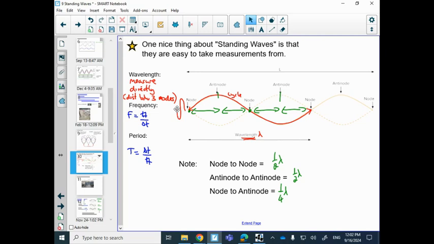The other thing that's going to come up in the course that'll be important later on, I may as well mention it here, is that if you had this overall distance, say it was, I don't know, let's say 4 meters. That was 4 meters. Okay, so if that was 4 meters, then how do you figure out what the wavelength is?